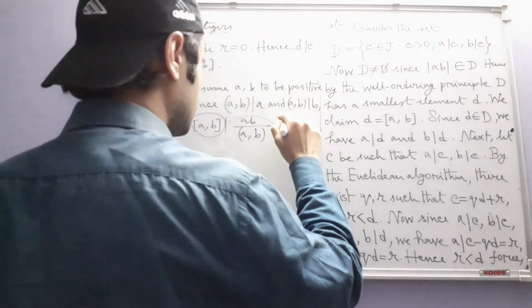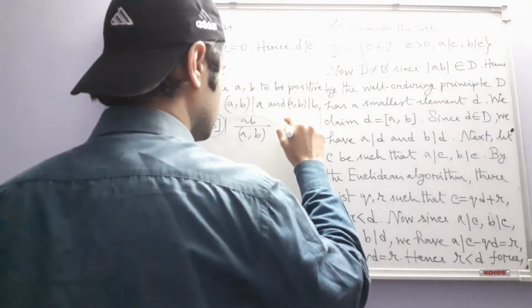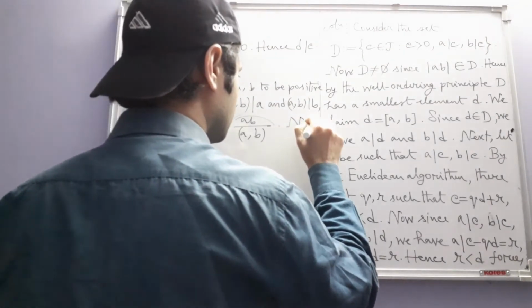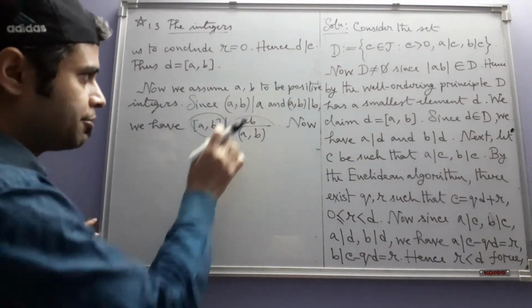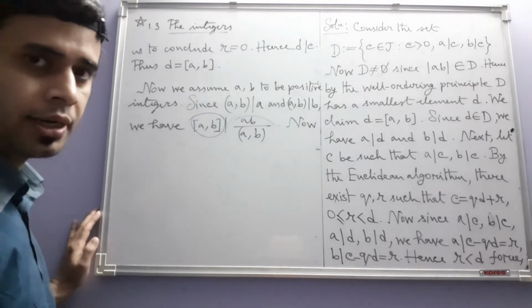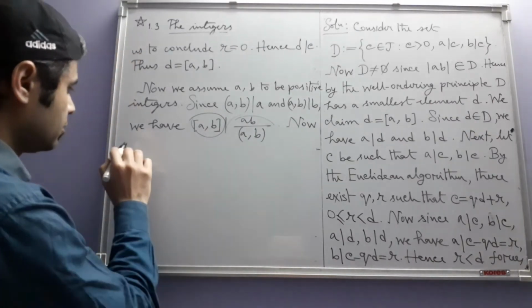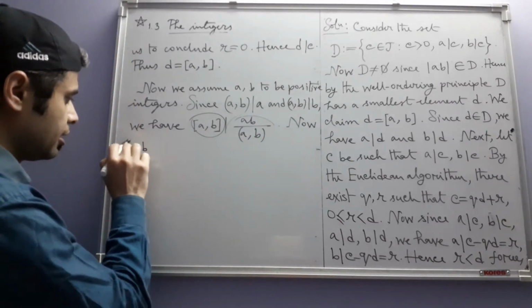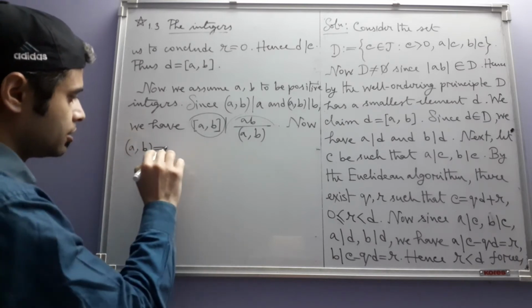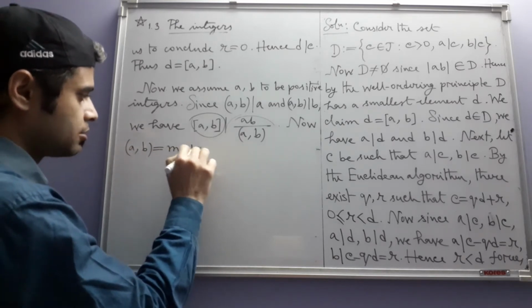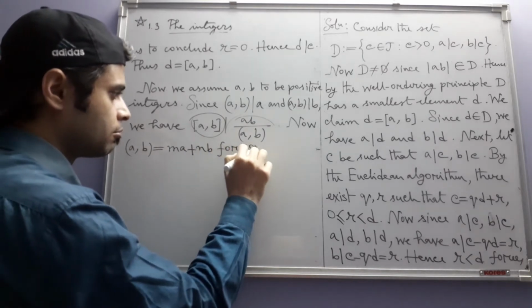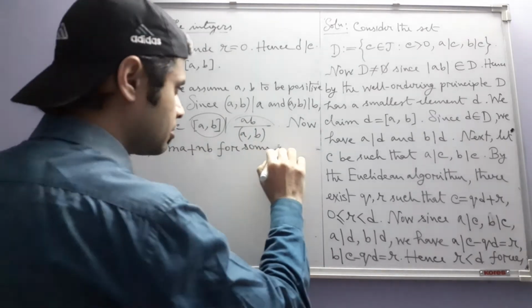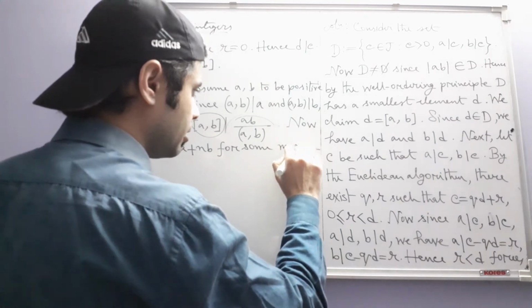Okay. Now, but we already know that the GCD of a and b is an integer linear combination of a and b. So we can write it like this. This is equal to MA plus NB for some integers m and n.